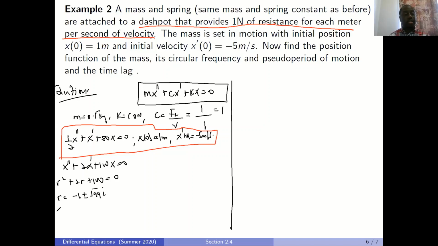Which means that x of t will be c1 e to the minus t cosine of root 99 t plus c2 e to the minus t sine of the square root of 99 t. We can write this more compactly as e to the minus t times c1 cosine of the square root of 99 t plus c2 sine of the square root of 99 t.